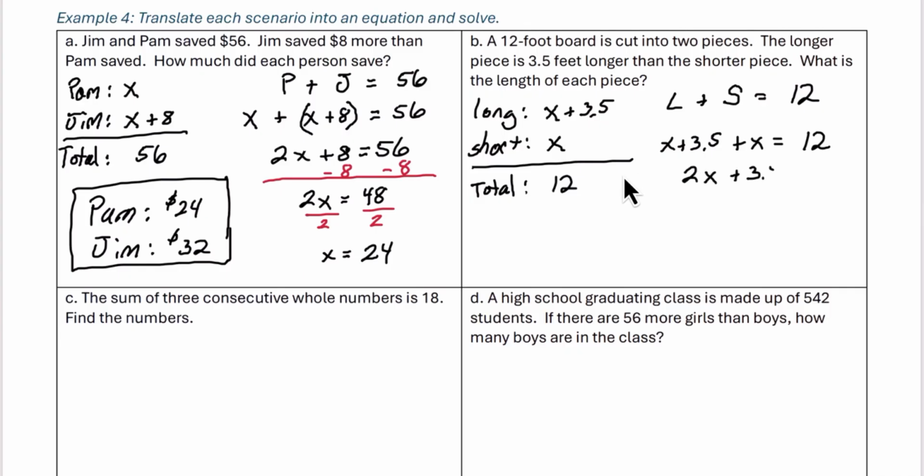We'll bring down the 3.5, and that equals 12. We need to subtract the constant. So we'll subtract 3.5 on both sides. 2x is equal to 8.5. Now divide by 2.